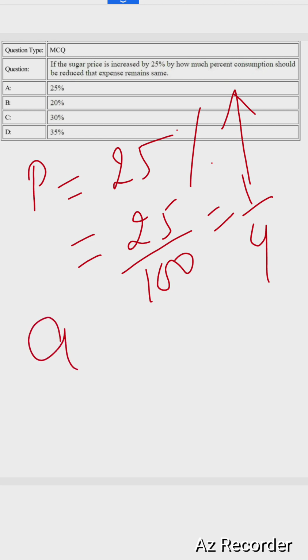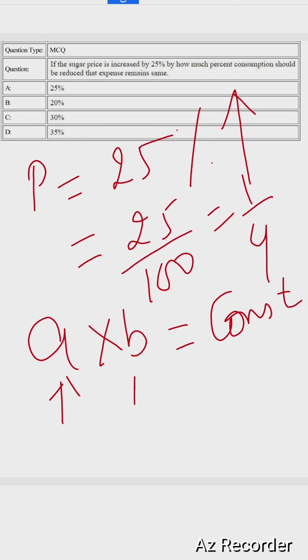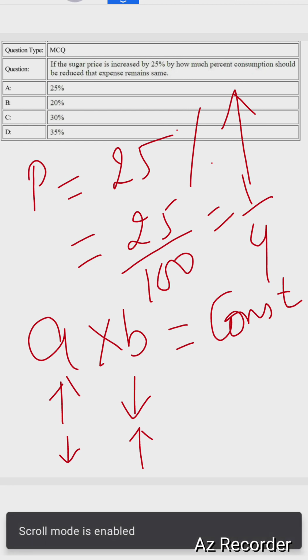So if the product of any two quantities is always constant, if one increases, the other has to decrease to keep it constant. If one is to be decreased, the other has to be increased to keep the product constant. But how much increase, how much decrease, that's the question.